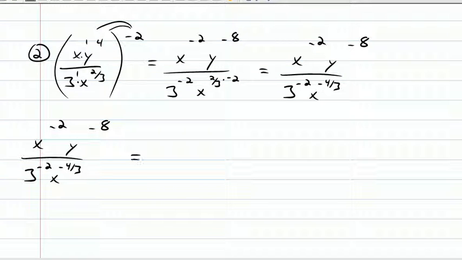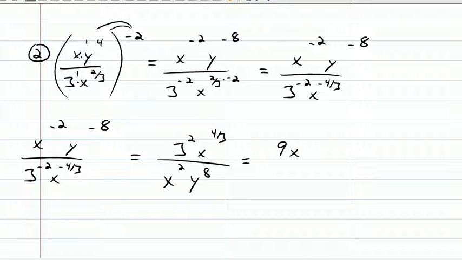So we're going to get rid of negative exponents and move things around. So 3 squared goes up top. x to the 4/3 goes up top. Well, everything up top has negative exponents, so it'll go below. Alright, so that's 9.